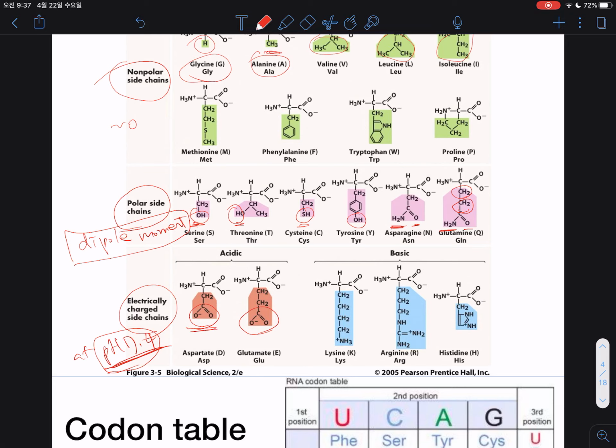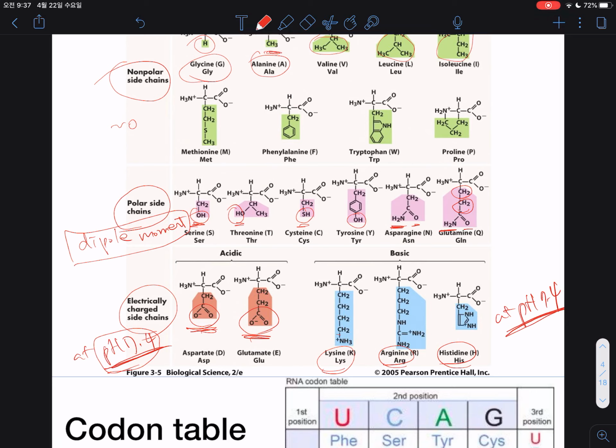So these carboxyl groups are generally negatively charged at ambient condition, at around pH 7. And lysine, arginine, and histidine are generally positively charged at around pH 7.4.